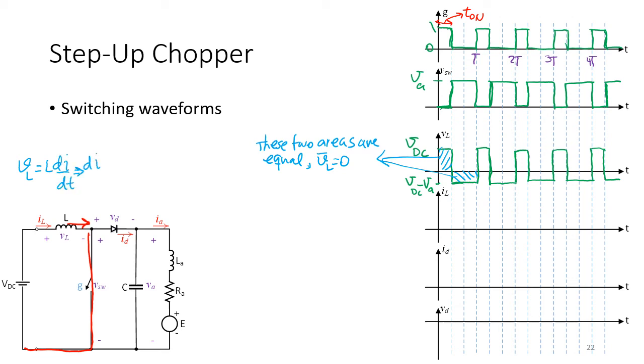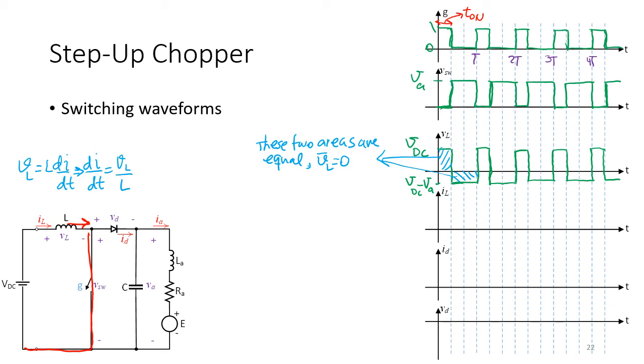So di over dt is equal to VL over L. When VL is constant, we will have that ramp, that linear change. So in each interval of on and off, we have some linear change. When VL is positive, the slope is positive, the current is increasing. When VL is negative, the slope is negative, IL is decreasing.